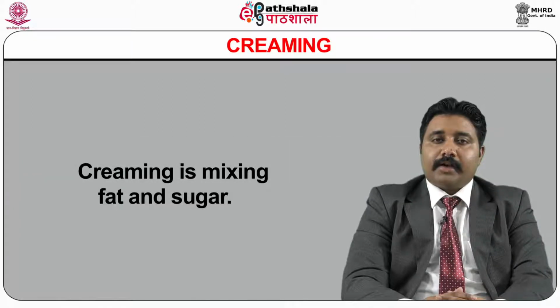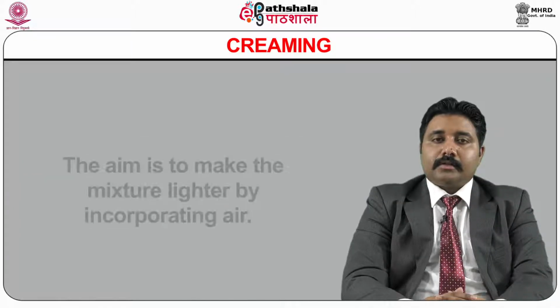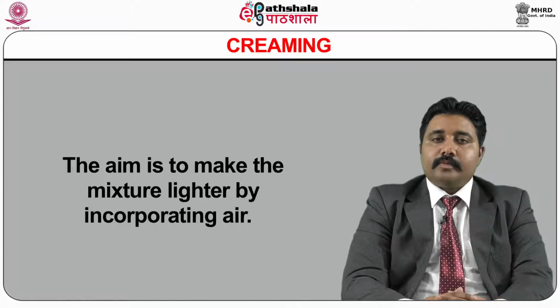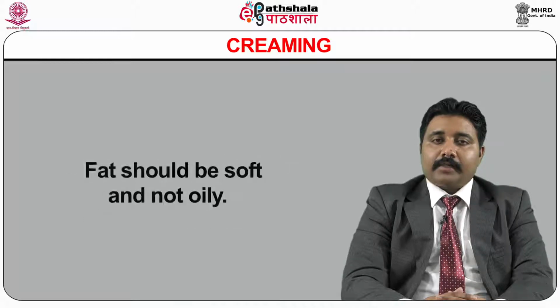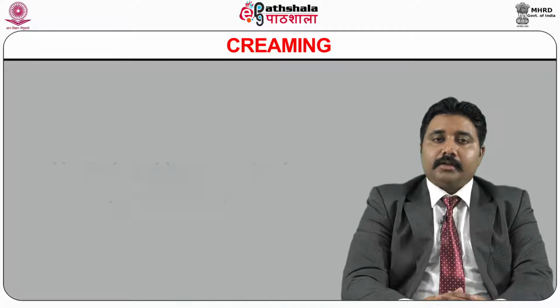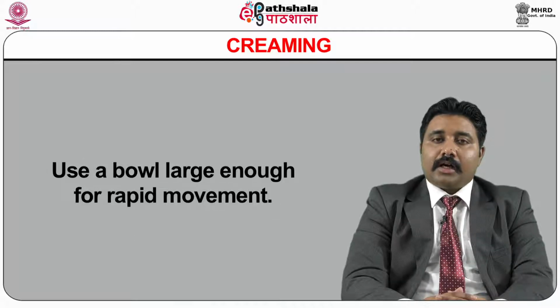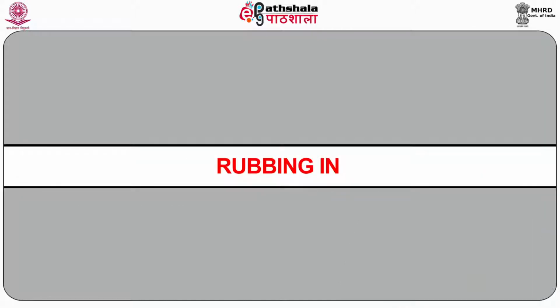Creaming is mixing fat and sugar. The aim is to make the mixture lighter by incorporating air. Fat should be soft and not oily. Use a bowl large enough for rapid movement. Rubbing in.